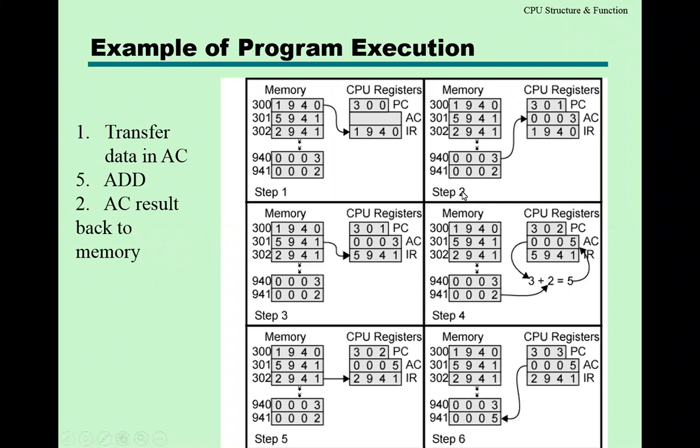In step number 2, in the IR, we interpret the instruction. We understand the instruction. What is the instruction? As I told you, a unique code signal is generated. Here the unique code is 1. 1 means transfer data into the accumulator. Already I told you, the computer can understand only 0 and 1, right?